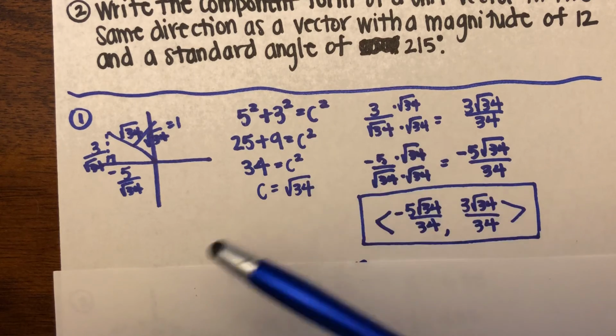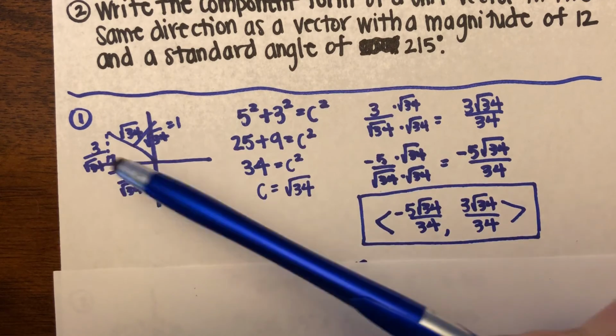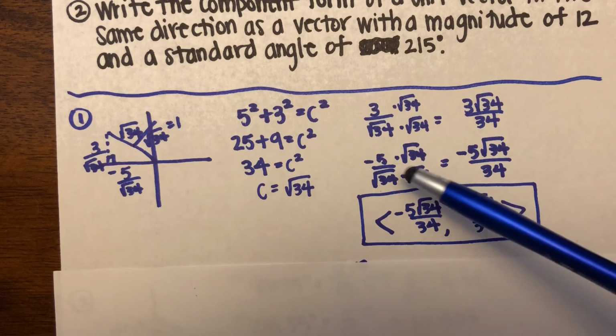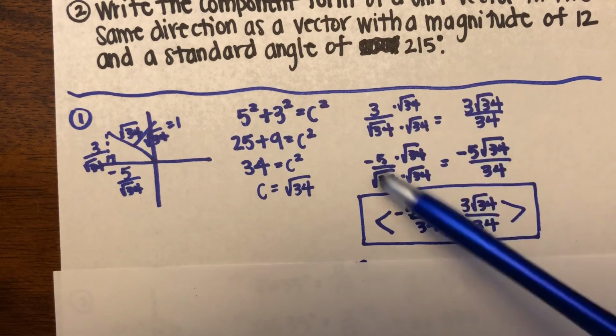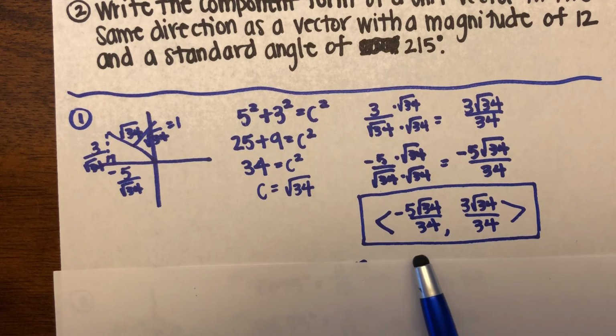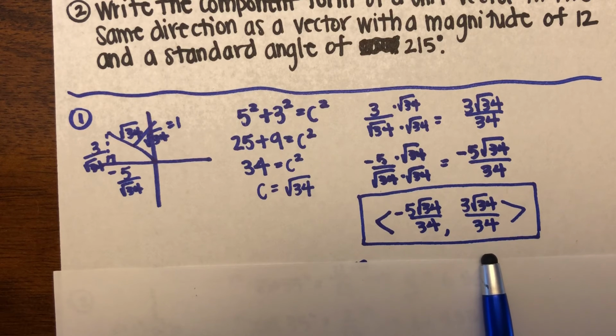So when you do that, and you divide the x and y components, I have x down here and y down here showing the rationalizing of the denominator, but after you rationalize, you should get an x component of negative 5 root 34 over 34, and a y component of 3 times the square root of 34 over 34. So that was the first problem you were to try on your own.